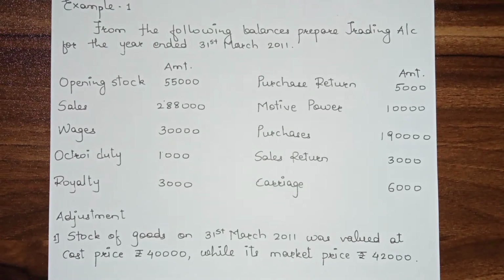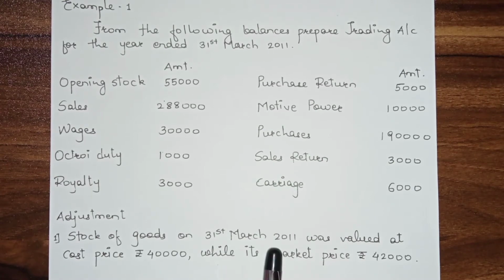This stock of goods was valued at cost price on 31st March at rupees 40,000 but its market price is 42,000. So what you have to do in this adjustment is consider the lesser amount, whichever is the lesser of both the amounts, you have to take it as your closing stock amount. So this is your closing stock.